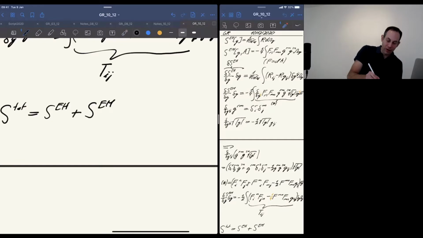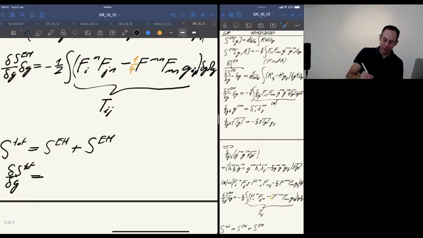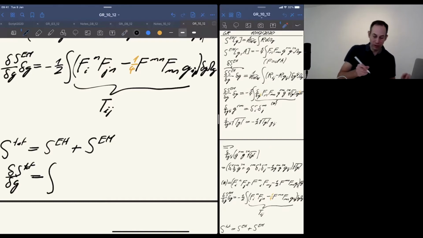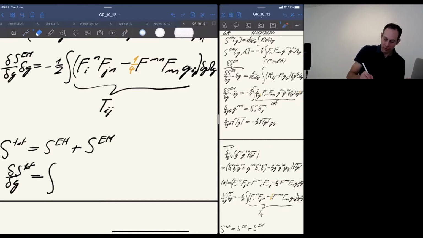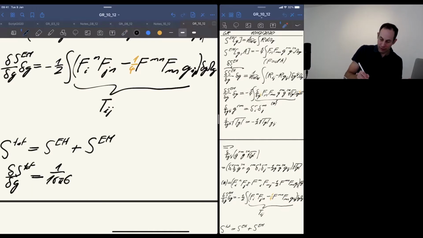Then, of course, the variation of the total action with respect to G gives, by linearity, the variation of the Einstein-Hilbert action. And we already saw that the variation of the Einstein-Hilbert action gives us this 1/16 pi G Newton, and then the whole stuff with the curvature, Rij minus R g_ij.